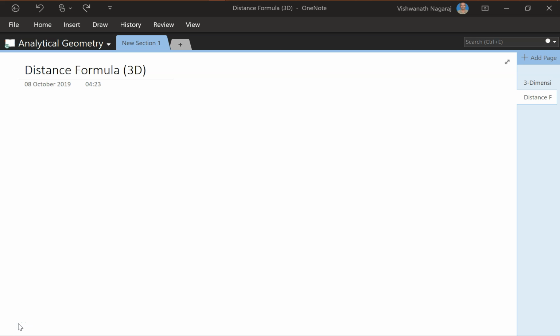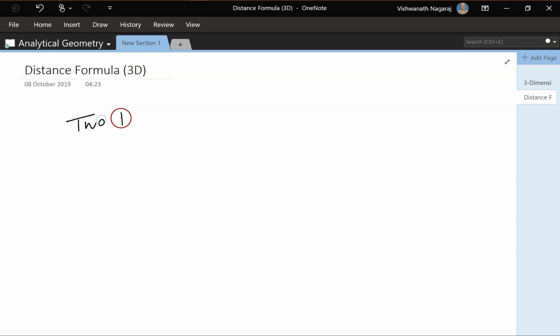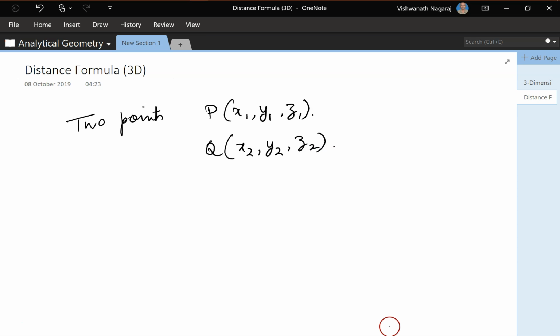Let's look at distance between two points in 3D space. So let's say we have 2 points P, x1, y1 and z1, and Q, x2, y2, z2.